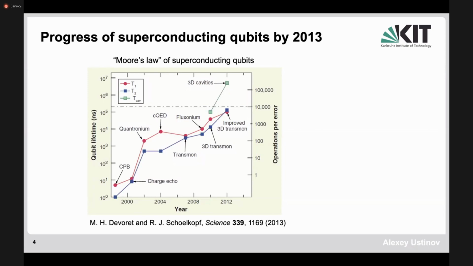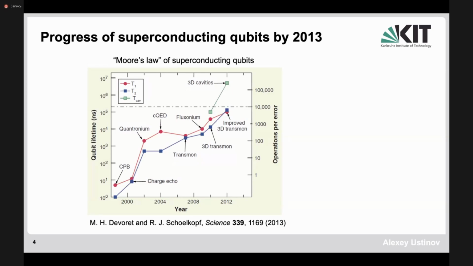So this Moore's law, or quasi-Moore's law, actually did not hold. In the last 10 years, the coherence time of superconducting qubits improved a little bit, but not really much.